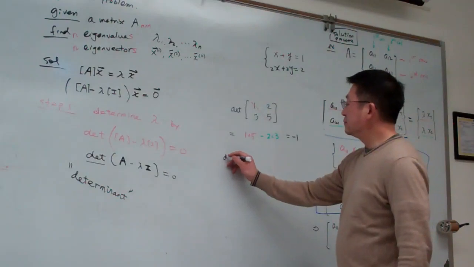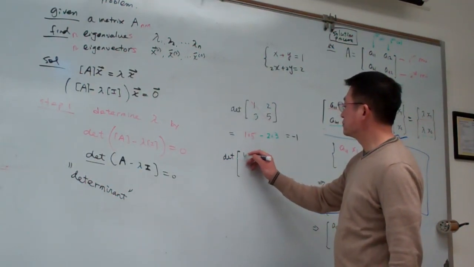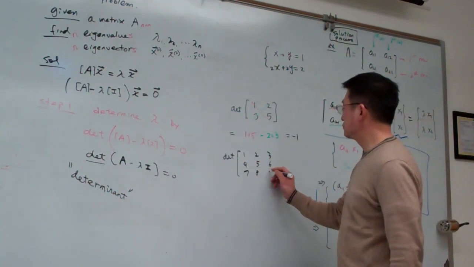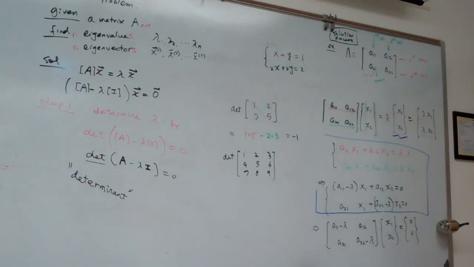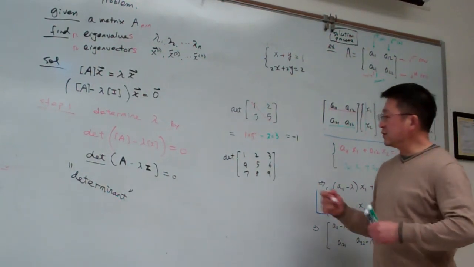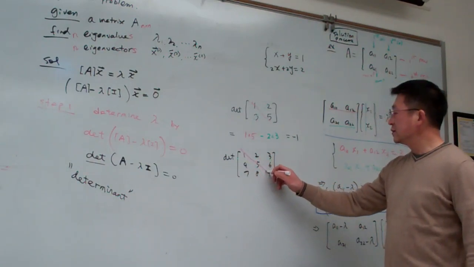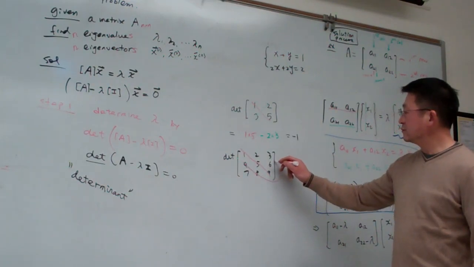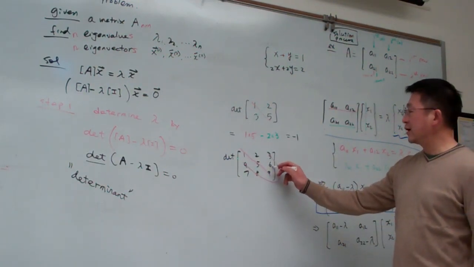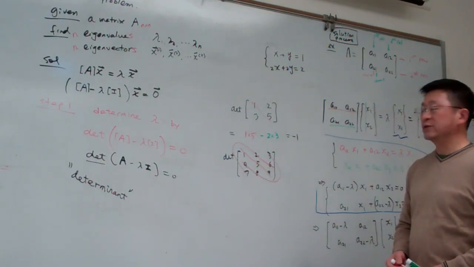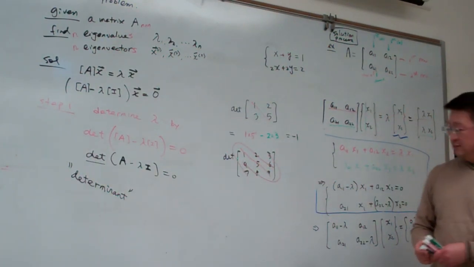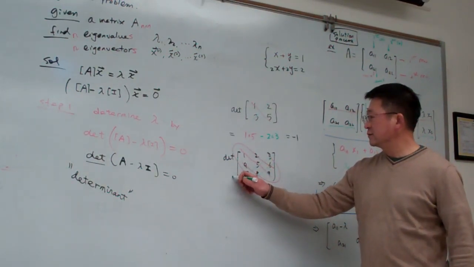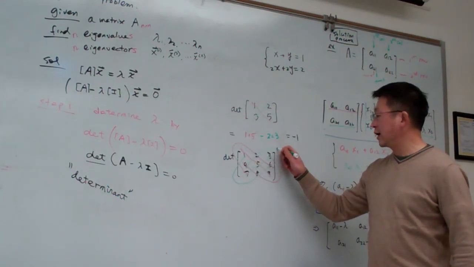For 3 by 3, in a similar fashion, the summation of the multiplication of three numbers together, plus the three numbers, plus the three numbers, and minus the multiplication of the three numbers, plus these numbers, and this number.